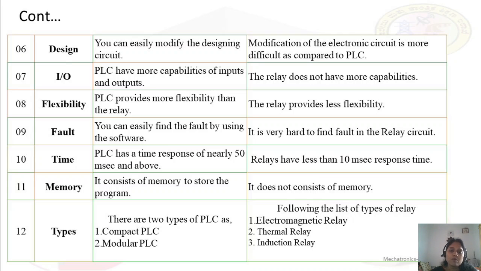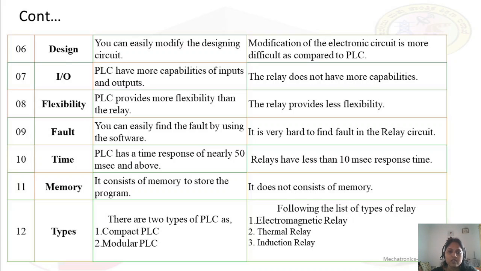Time. The response time of the PLCs is very less, and in case of relay logic control, the response time is much more compared to the PLC. Next we have memory. It consists of memory to store the program.